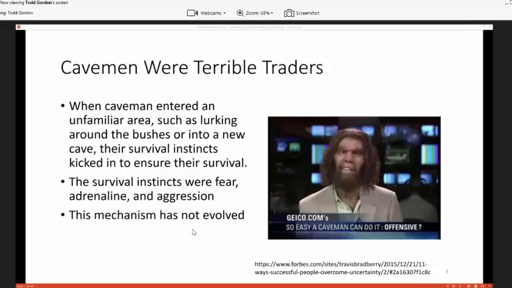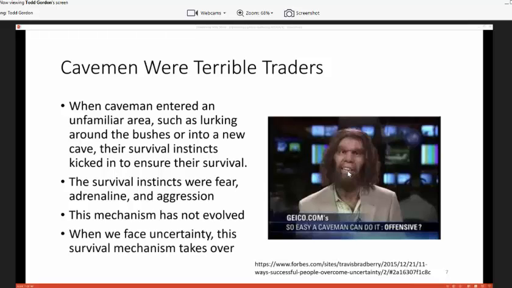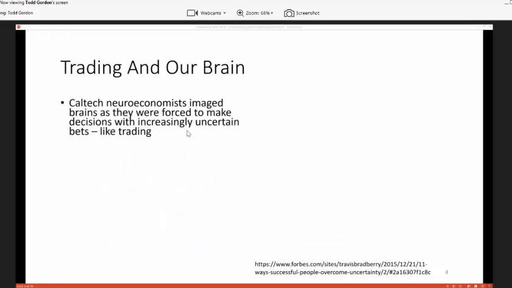This caveman mechanism that helped them survive thousands of years ago has not evolved in our minds. So when we face uncertainty, this survival mechanism takes over. There was a study done by Caltech neuroeconomists, imaging brains making decisions based on uncertain futures or uncertain choices, like trading.